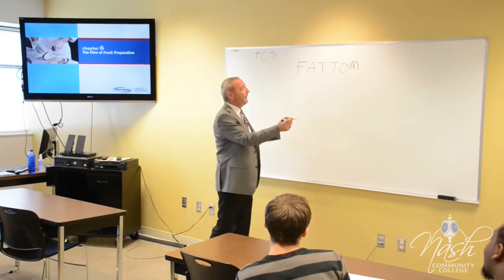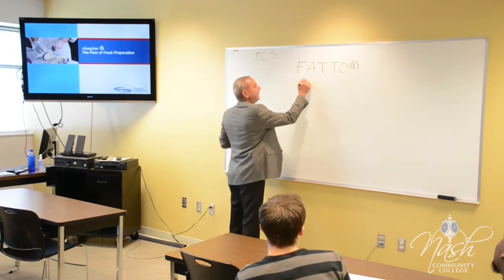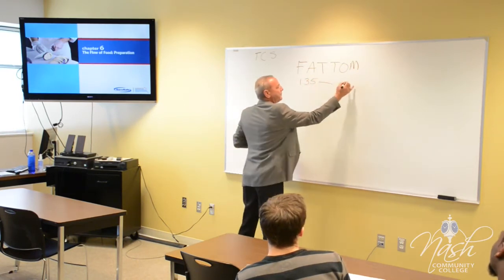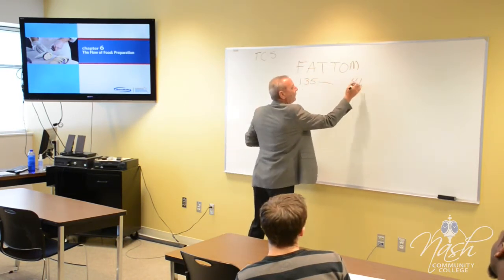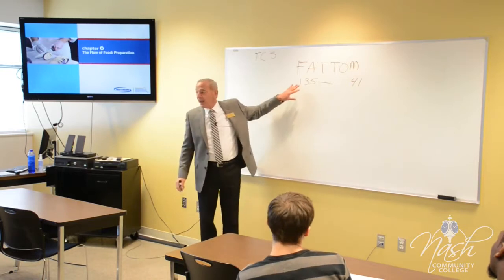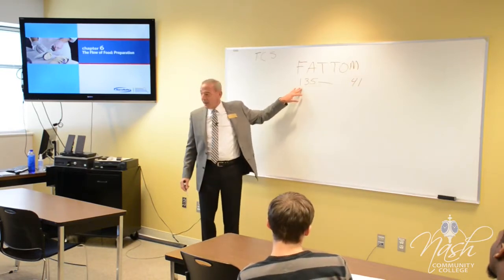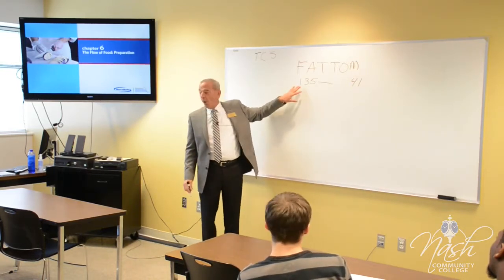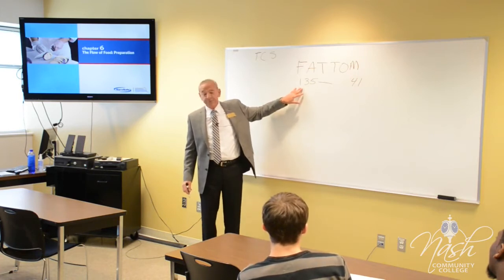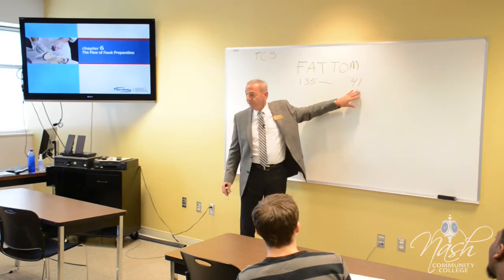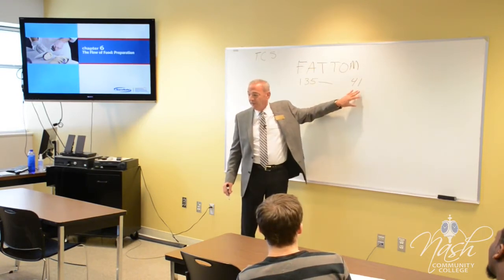That, quite frankly, is our temperature danger zone, isn't it? And we know that our temperature danger zone runs from 41 on the cold side and 135 on the hot side. So necessarily, if we're going to hold our food in a restaurant setting, it's going to be at 135, hot. We're going to hold our food at 41, cold.